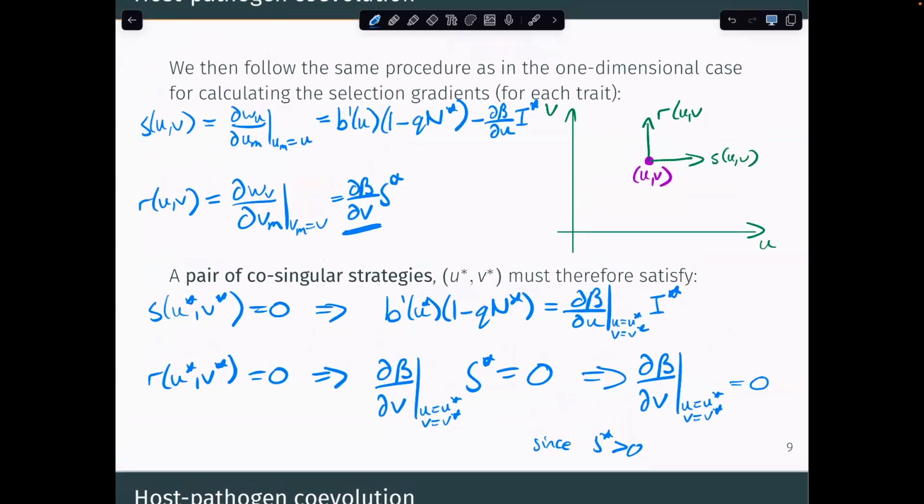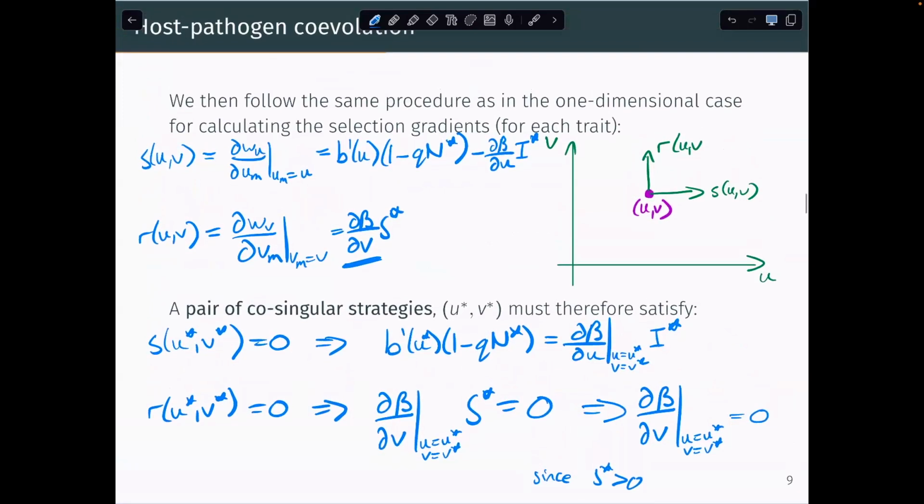So that's saying that our pathogen is going to be evolving to a point at which this transmission function, which is just a two-dimensional function, must be at a turning point. Logically, we should be thinking that this should be a maximum, or at least a local maximum. It doesn't have to be a global maximum, but it should be a local maximum.